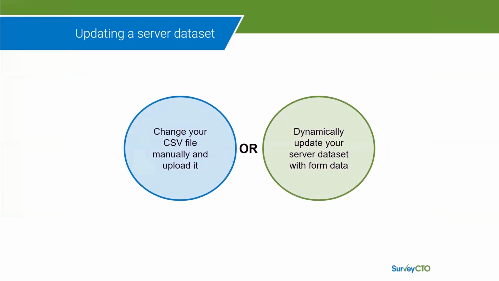And this means that the dataset is being permanently updated by incoming submissions. Of course, you can have a dynamic server dataset and still update it manually. I will show you now how to conduct both approaches.